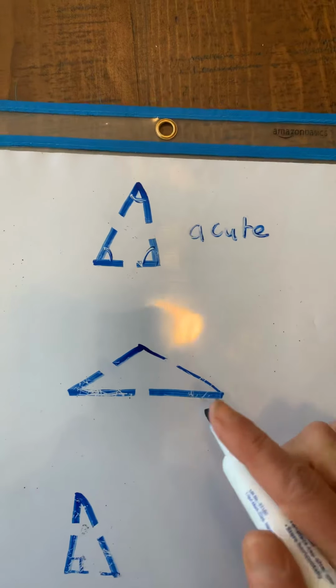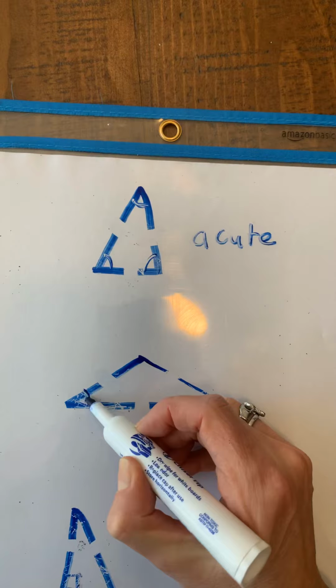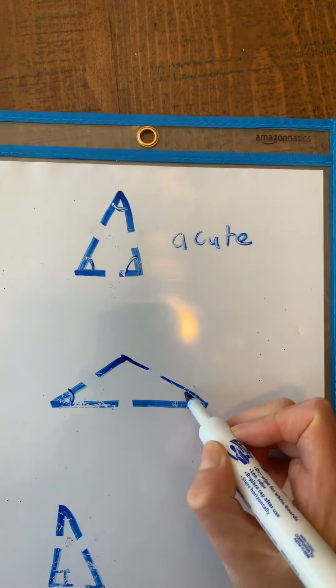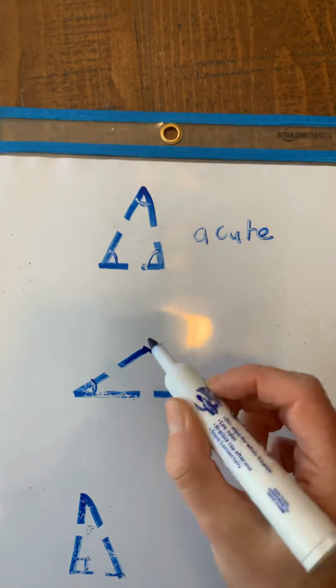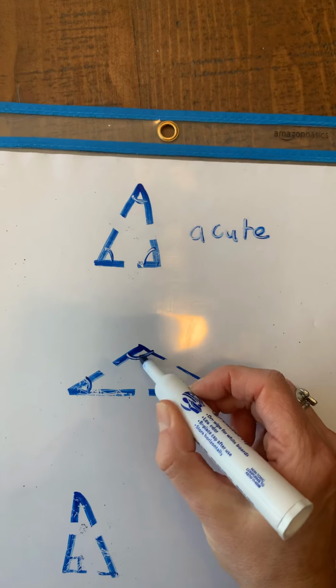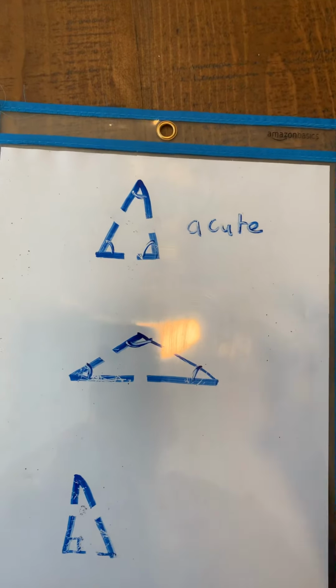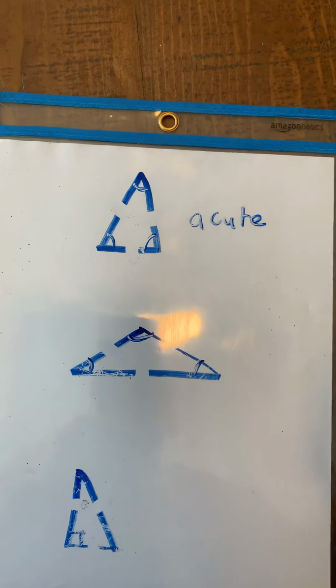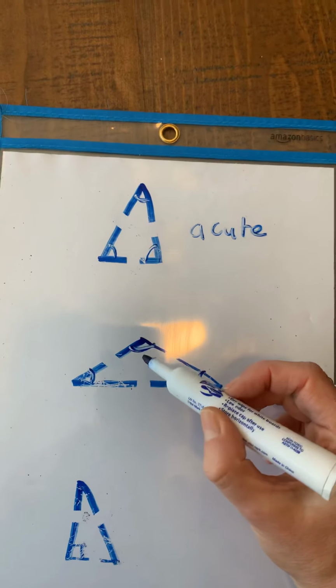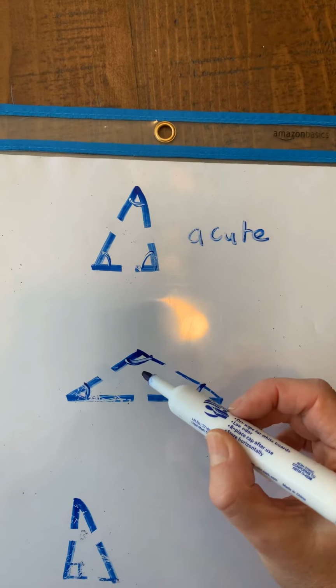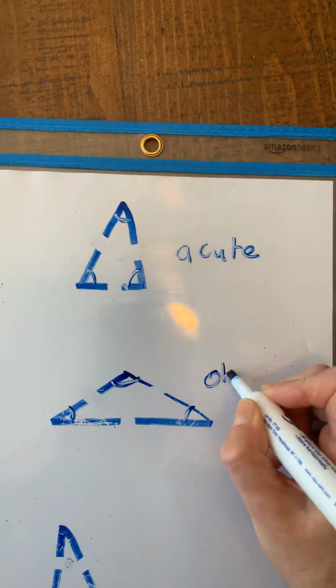Here we have an acute, and an obtuse up here. If it has one angle that is greater than 90 degrees, like we do here, this obtuse angle, it is an obtuse triangle.